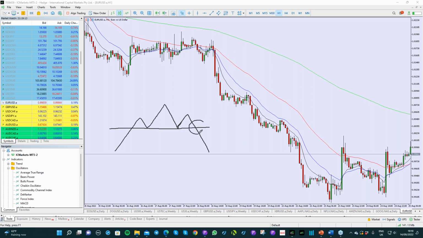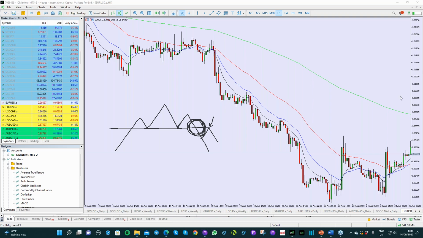And at this point here, this is where the neckline is broken. Again, one can either wait for a pullback and then look for a move around that area there after there's a pullback, or one can look in this area here and simply look for a strong candlestick signal.